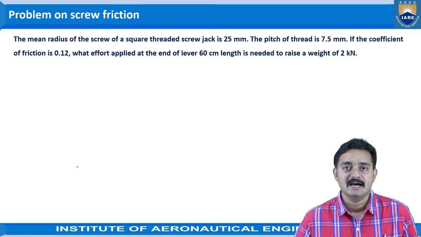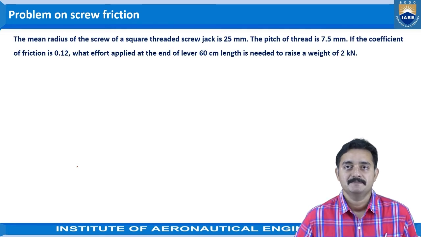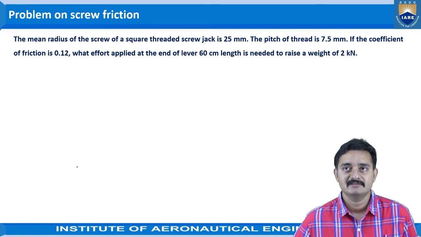The other question which is given is: the mean radius of the screw of a square threaded screw jack is 25 mm. The pitch of the thread is 7.5 millimeters. If the coefficient of friction is 0.12, what effort applied at the end of a lever 60 centimeter in length is needed to raise a weight of 2 kN?